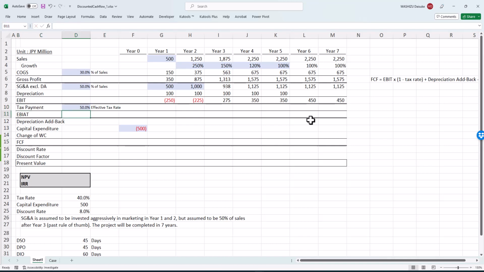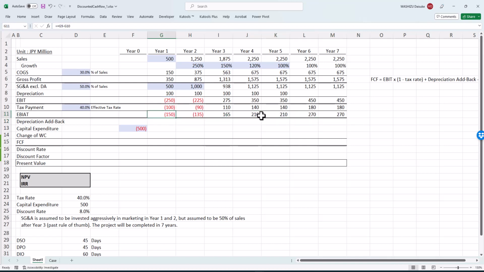Anyway, currently 40% is the assumption for the tax rate. So simply the EBIT multiplied by 40%. So that's the tax. So the operating profit after tax should be the EBIT deducting this tax payment.